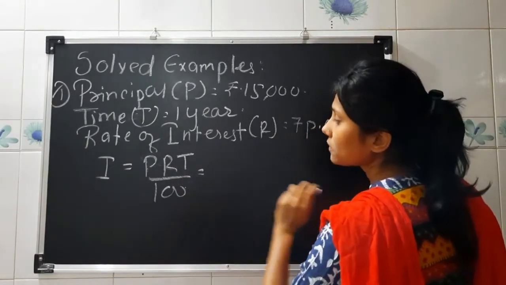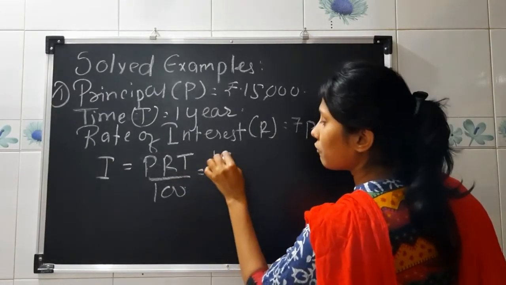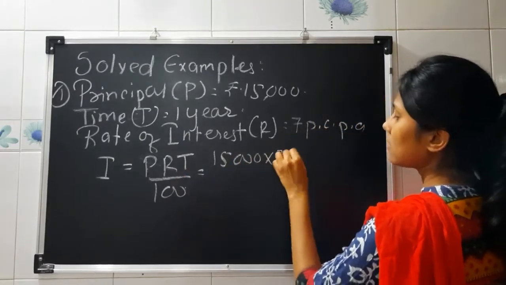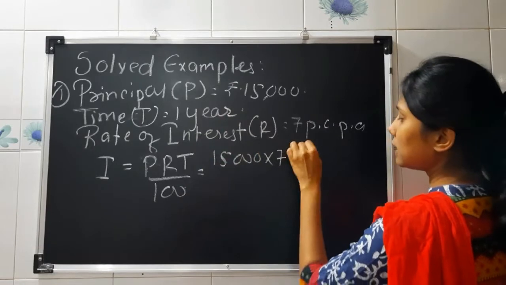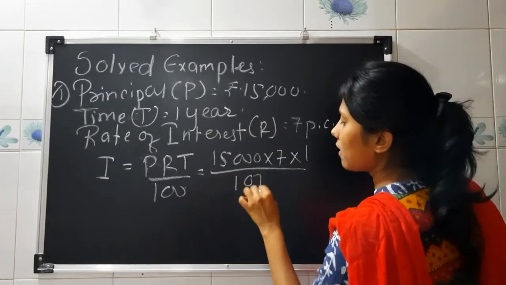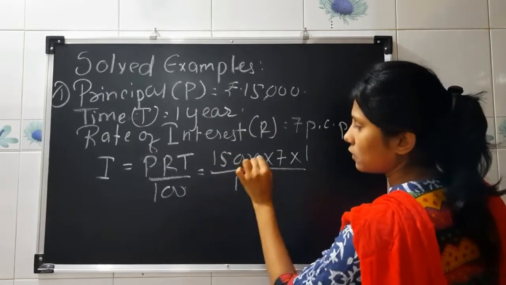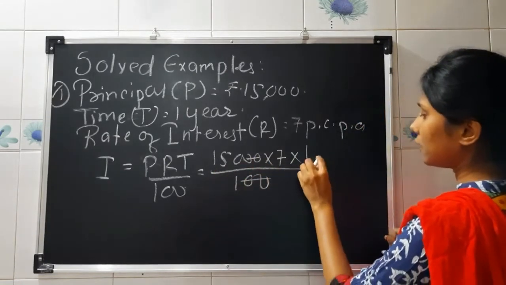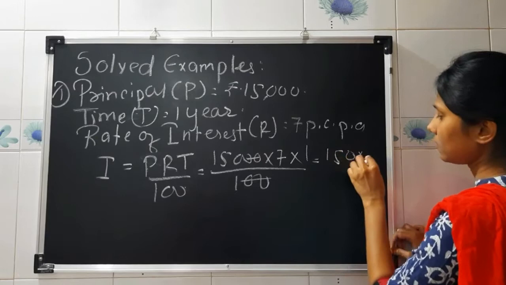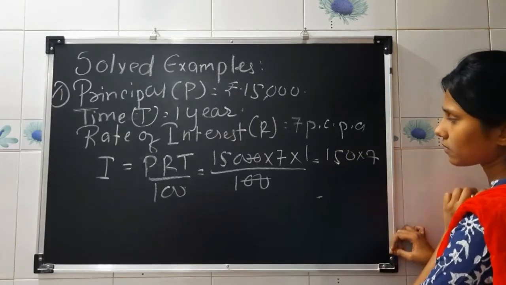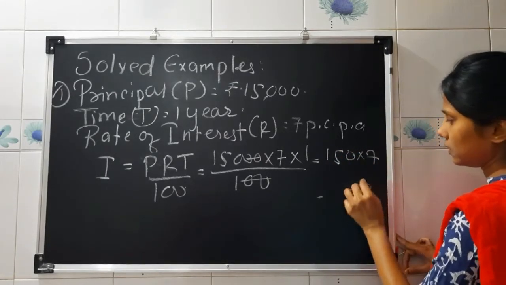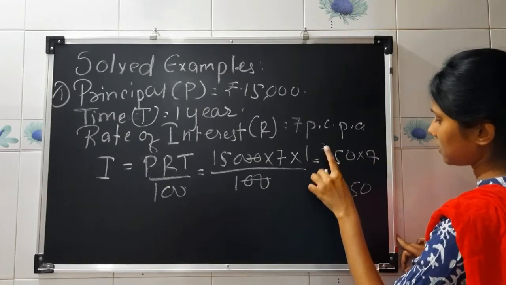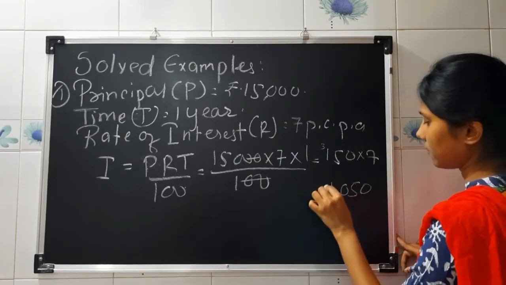So principal 15,000 multiplied by rate of interest 7 multiplied by time, which is 1 year, the whole divided by 100. 0 0 cut. So 150 into 7: 0, 35, 3 carry, 7 times 1 is 7, plus 3, 10.